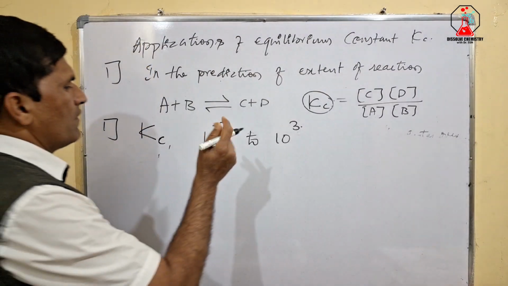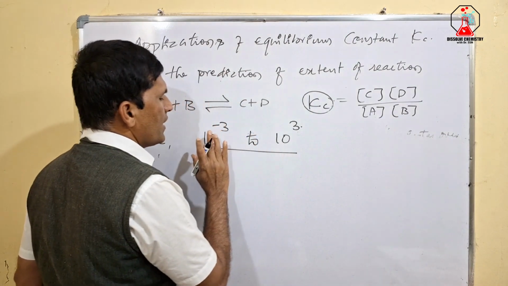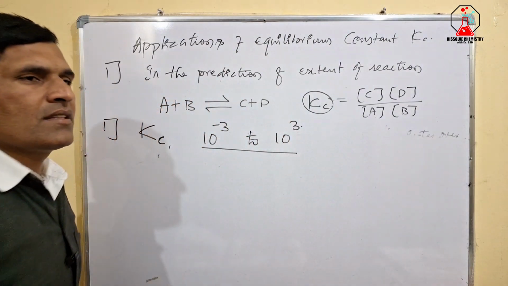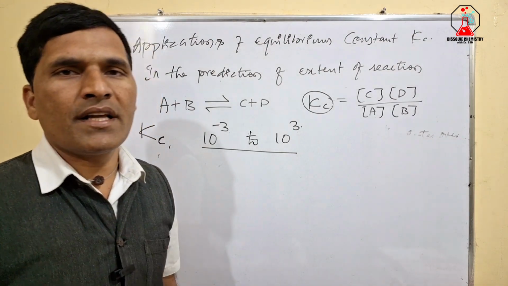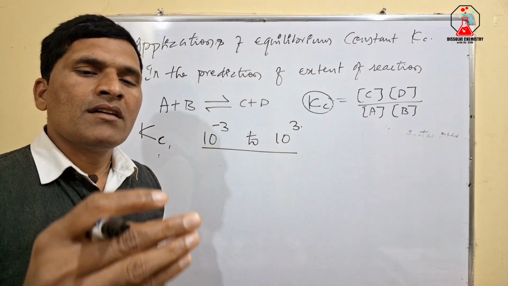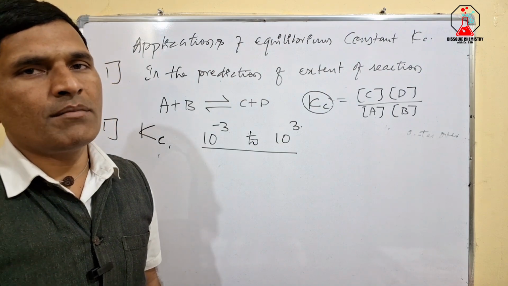Okay, when the equilibrium constant value lies between the range of 10 to the power minus 3 to 10 to the power 3, then we say that the reaction at the time of attaining equilibrium has occurred to an appreciable amount, where both reactants and products are present in appreciable amounts.